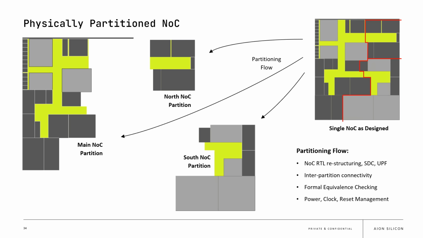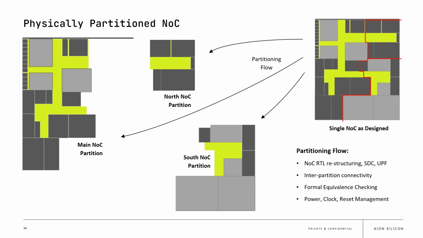So with these partitioning requirements coming from the backend team, there is a need to partition your NoC accordingly. So we've got the partitioning flow, which performs the NoC partitioning. Starting with a single NoC as designed, the flow restructures the NoC RTL, as well as the design constraints and UPF descriptions of that. It has to be aware of the connectivity between partitions.